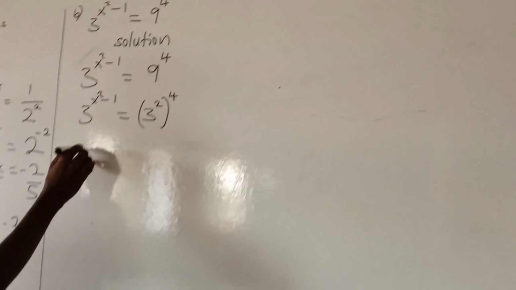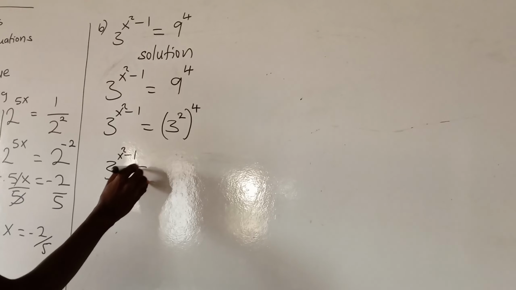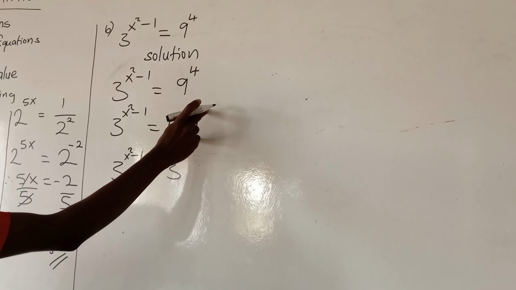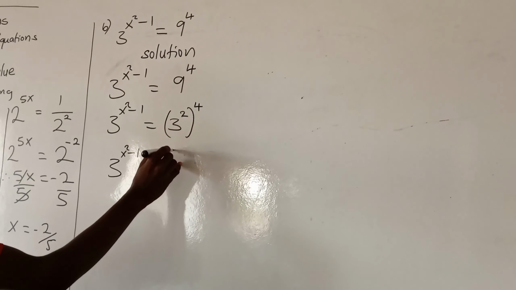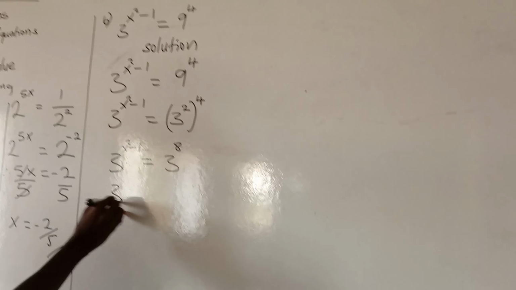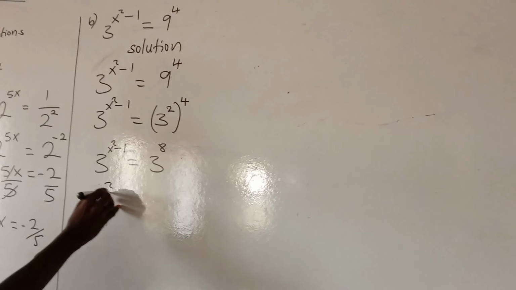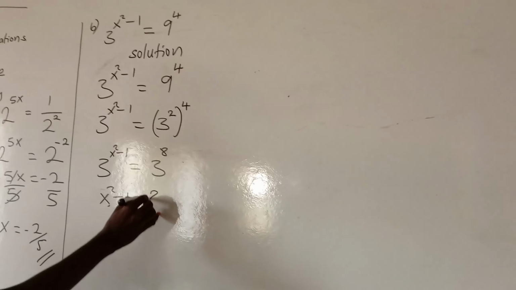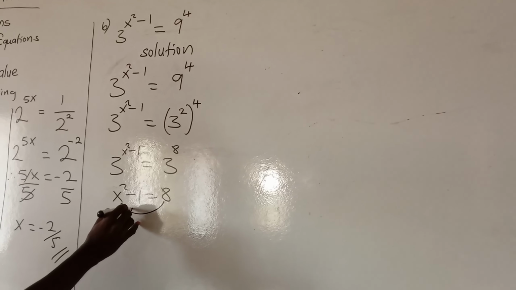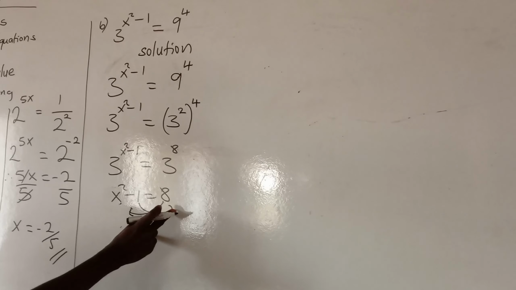So here 3 raised to the power x squared minus 1 equals, now you multiply the powers. 2 times 4 will give us 8. So the bases are the same now. You equate the powers. x squared minus 1 equals 8. So you transpose, you bring this 8 here, while this minus 1 comes here.